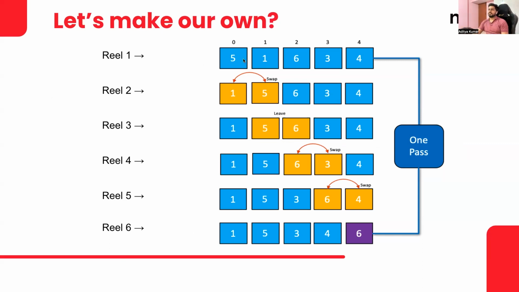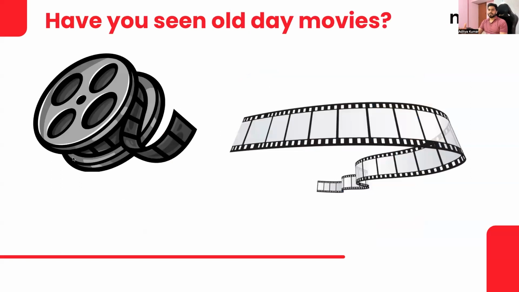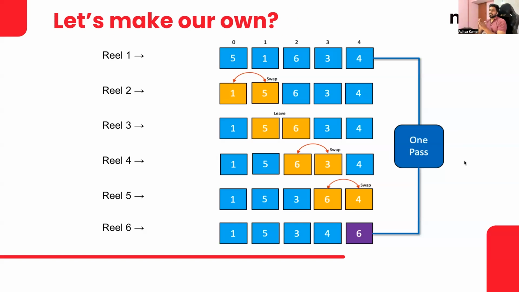Suppose in the first state, the array is this. In the second stage, the state of the array is this. The third state is this. Can we consider all these states as reels, similar to our movies, and play them whenever the sorting is working?